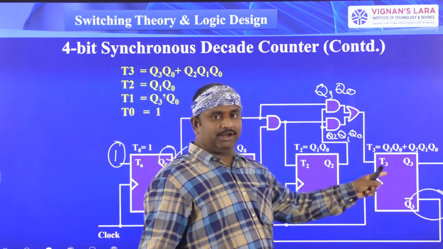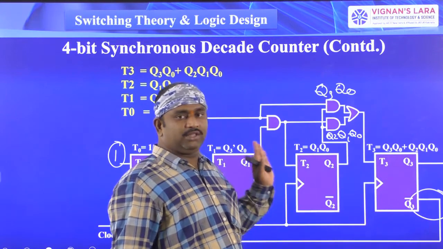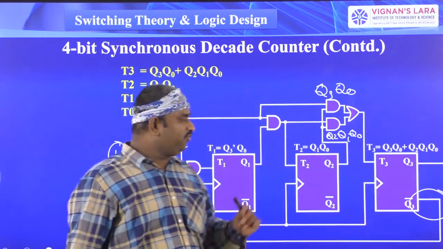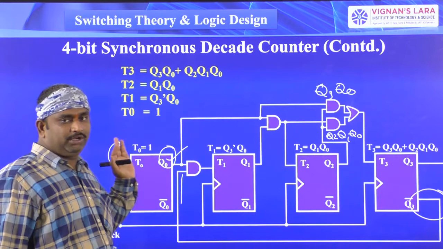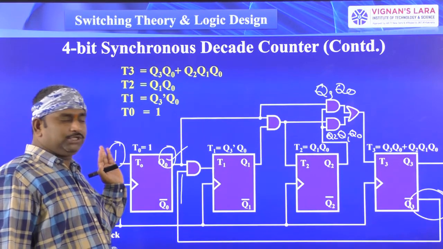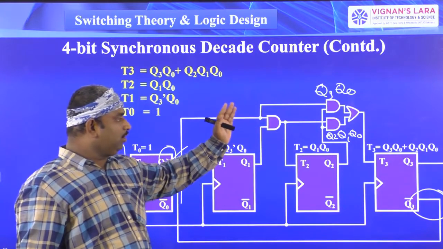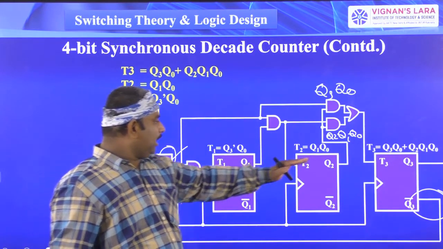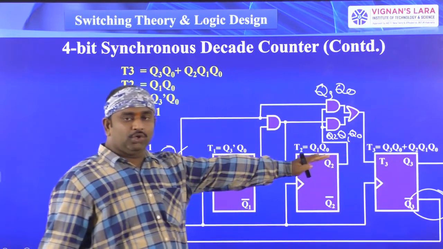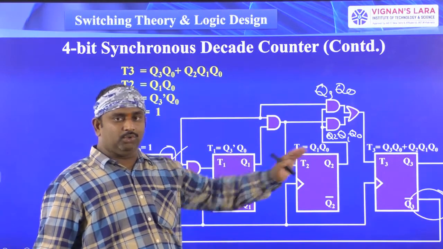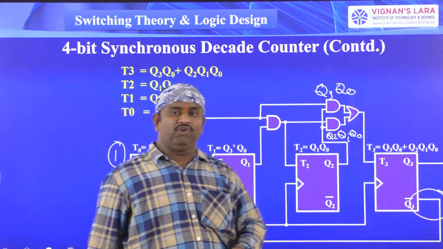This OR gate output is connected to the T3. So these are the 4 flip-flops with the T3, T2, T1, T0 inputs. T0 input is equal to 1, T1 is equal to Q3 bar Q0, T2 is equal to Q1 Q0, and T3 is equal to Q3 Q0 plus Q2 Q1 Q0. These are the 4 T flip-flop inputs.